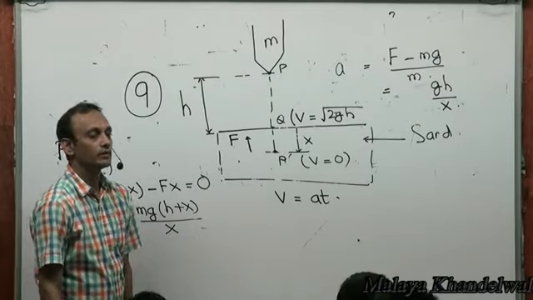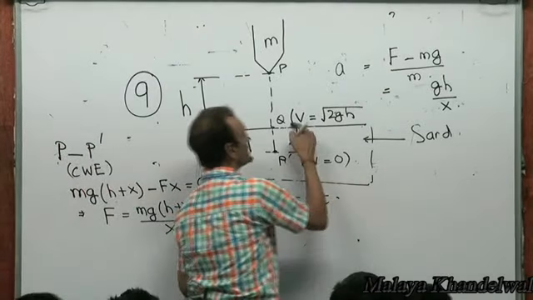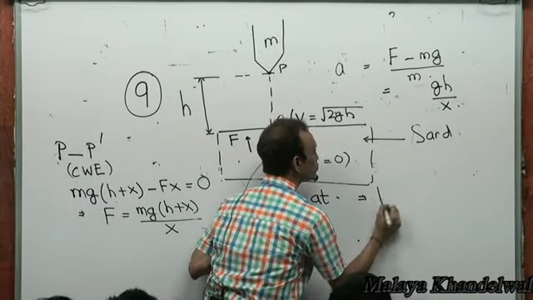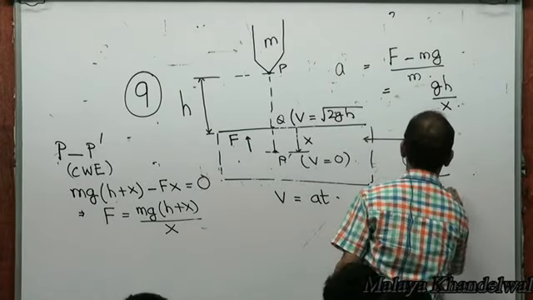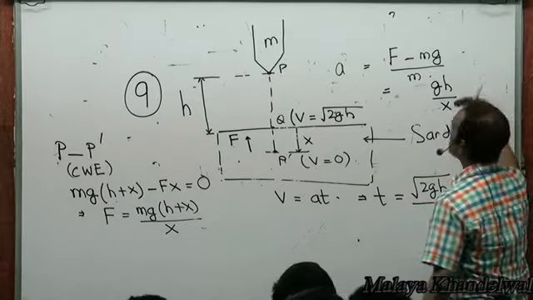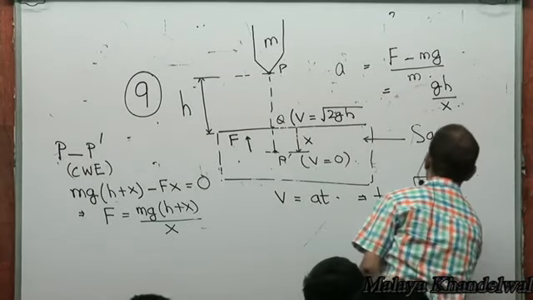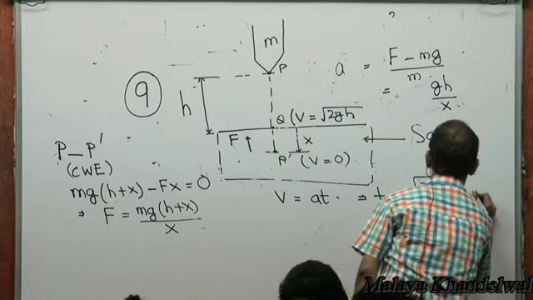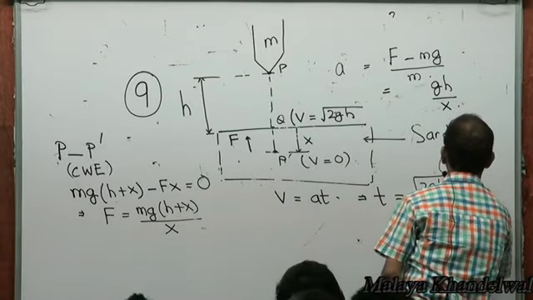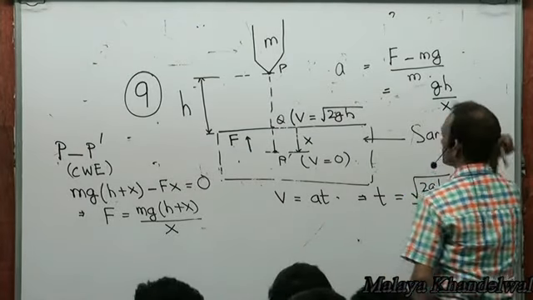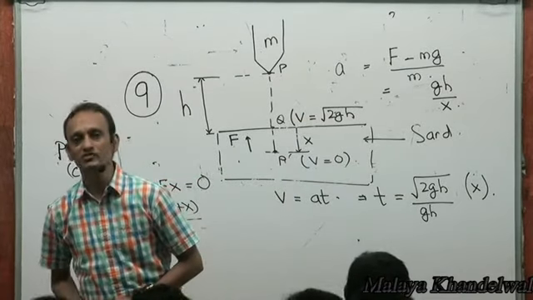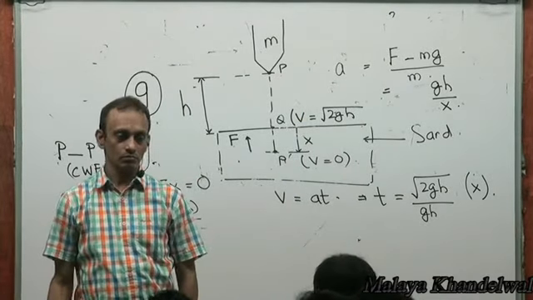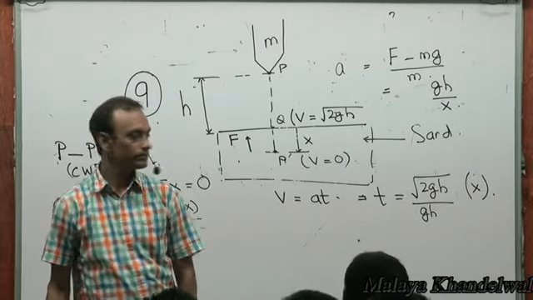So t, the time taken from Q to P prime, is going to be v, which is root 2gh, divided by a. a is gh by x. That's the time taken for the penetration. Yes or no?